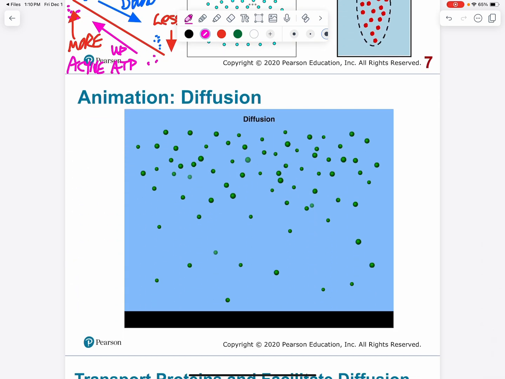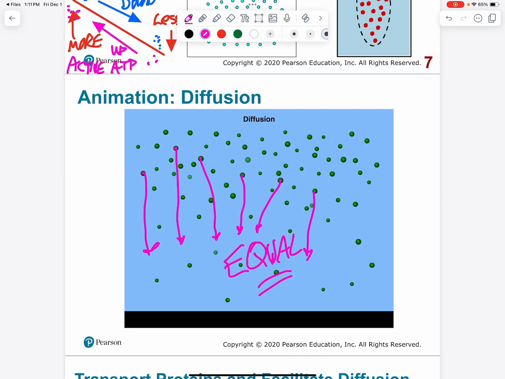The animation isn't working here on a static PDF file, but if you were to recognize that these are like ping pong balls dropped from a helicopter, and they're going to bounce around until they equal out. Sometimes there's a little bit more on one side or the other, but give it time and the forces of nature, and it will all be equal.